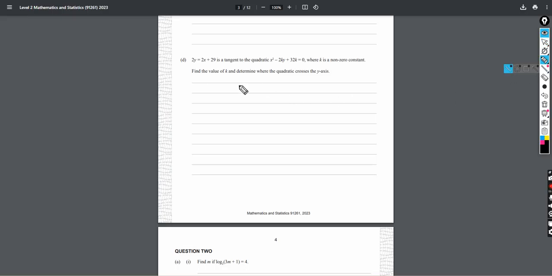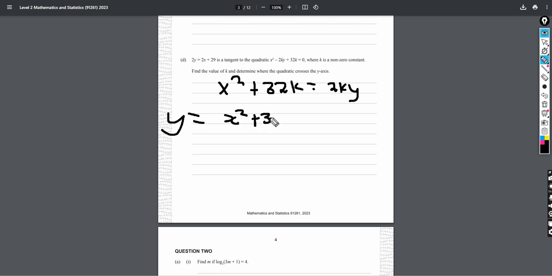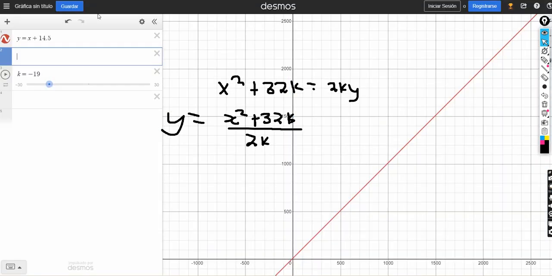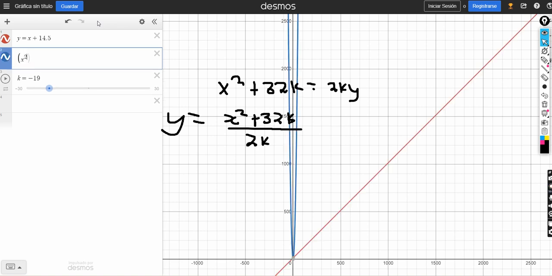So what this is really saying is, it's defined, well, not implicitly, but it's saying y equals x squared plus 32k divided by 2k. Okay, that's quite a fumble if I'm honest. X squared plus 32k on 2k.